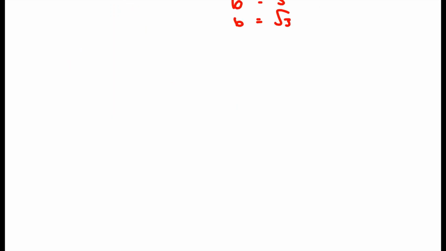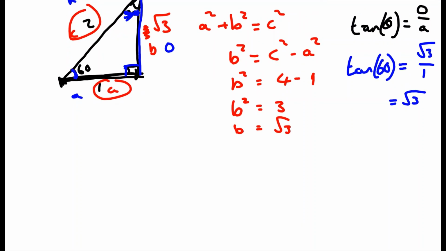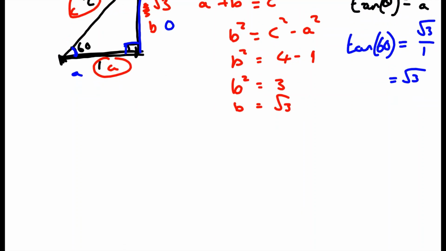Now, if I want sine 45, I'm going to draw myself a right-angled triangle where my two angles here are 45. We have a right angle down here, and these lengths here and here are 1. So again, we've got ourselves a right-angled triangle.